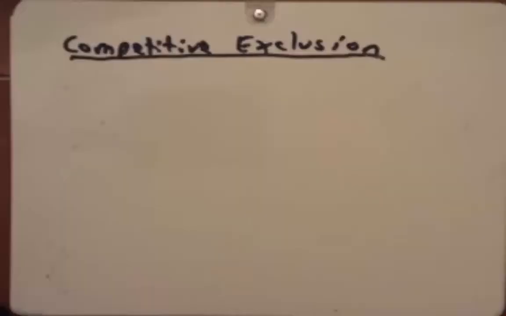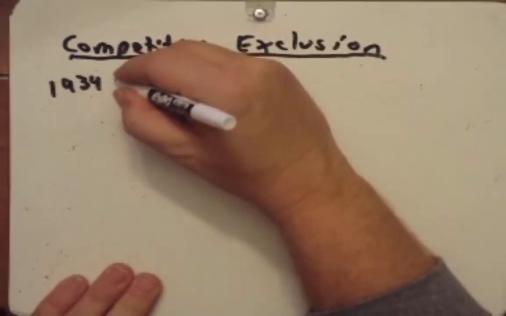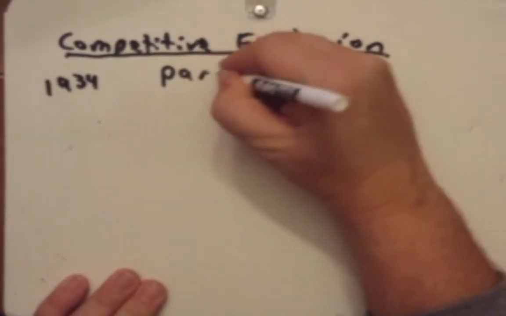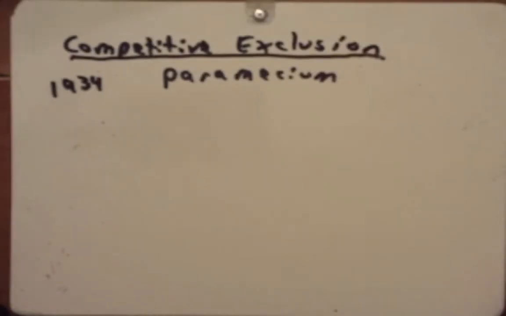So I want to talk about a particular experiment where competitive exclusion was shown to be the case. So in 1934, I think that was the date, there was a scientist by the last name of Gause, and he did this experiment with paramecium. And he took two different paramecium.